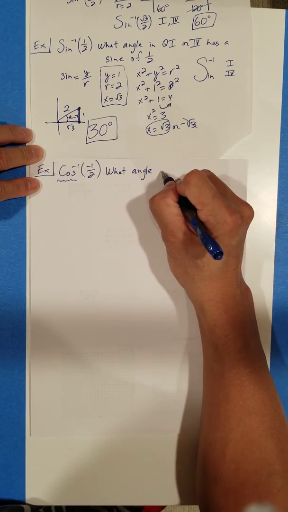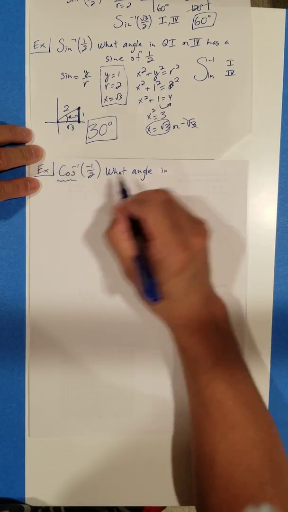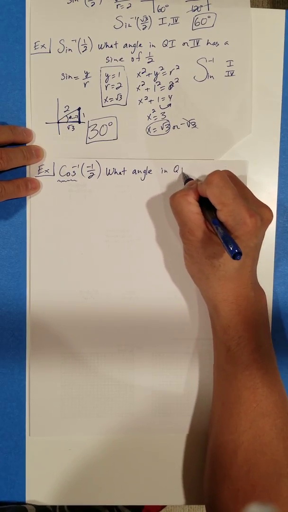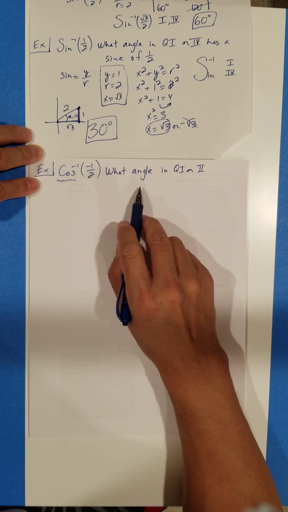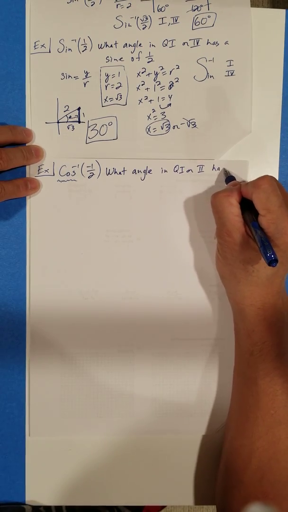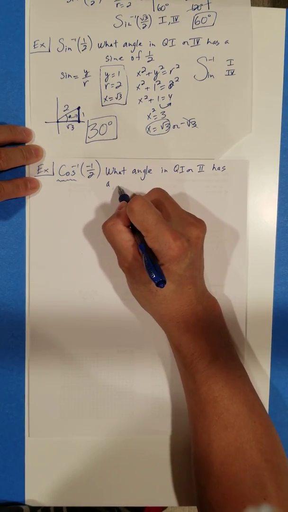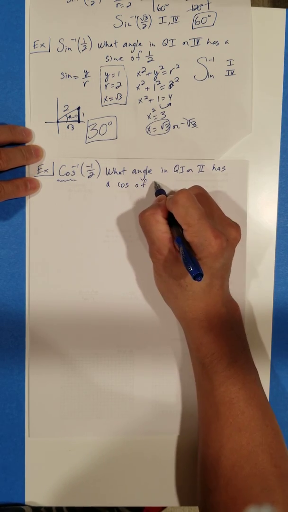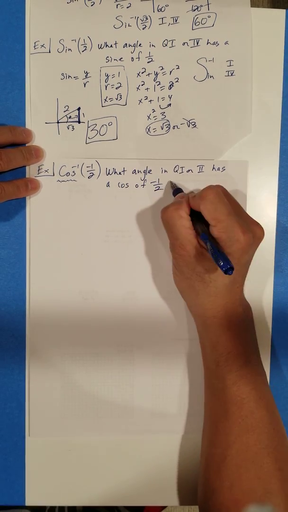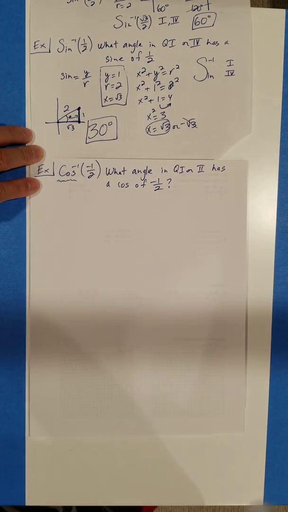What angle in principal value cosine, which is only in quadrant 1 or 2, has a cosine of -1/2? That's the question.